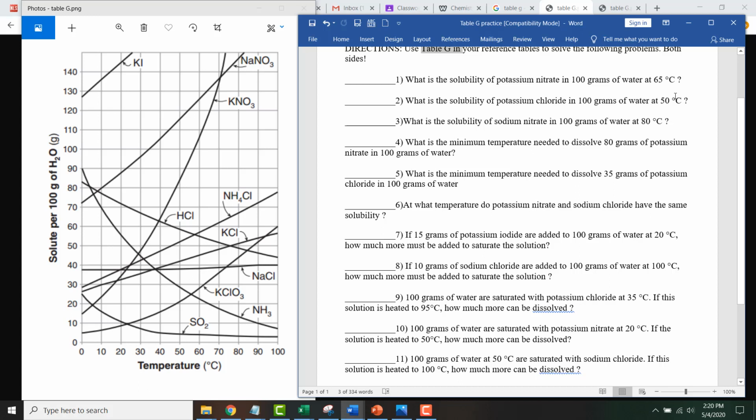Now, in case you forgot, if you flip your reference table open like a booklet, you see Table G, and on the left side you actually see Table E. Table E has all your polyatomic names and the polyatomic ions, so you can look up what the formula is in case you've forgotten. For example, potassium nitrate, potassium comes from the letter K, nitrate is NO3.